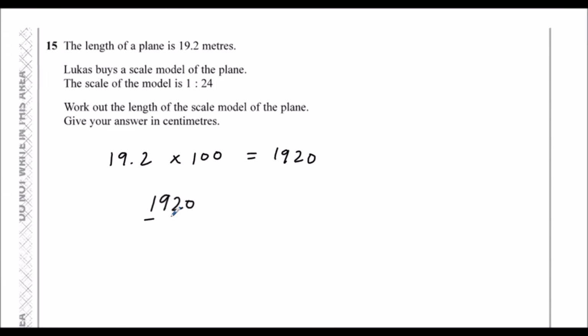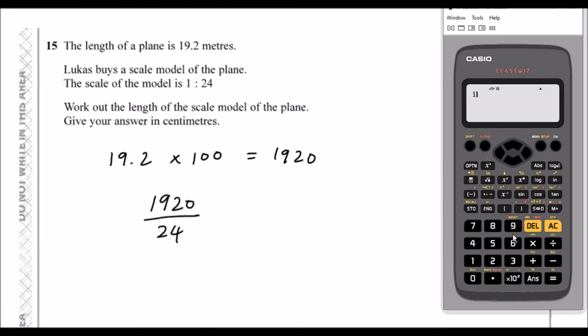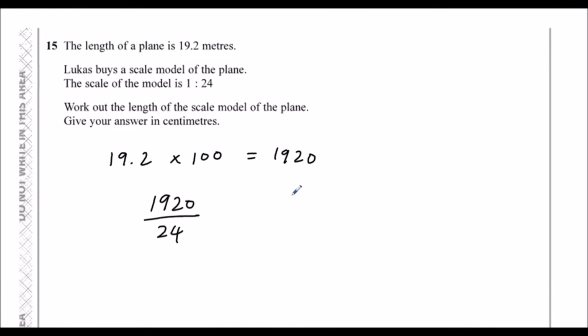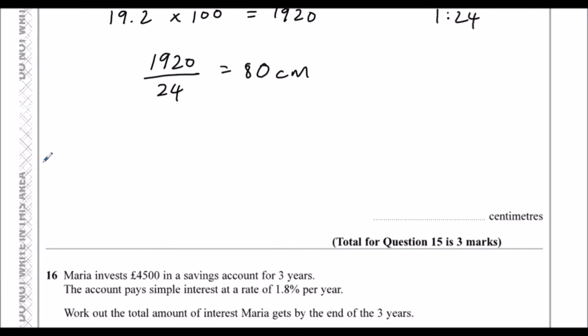So divide by 24, and that's 80 centimeters. So we're saying 80 to 1,920 is the same as 1 to 24. So it's 80 centimeters.